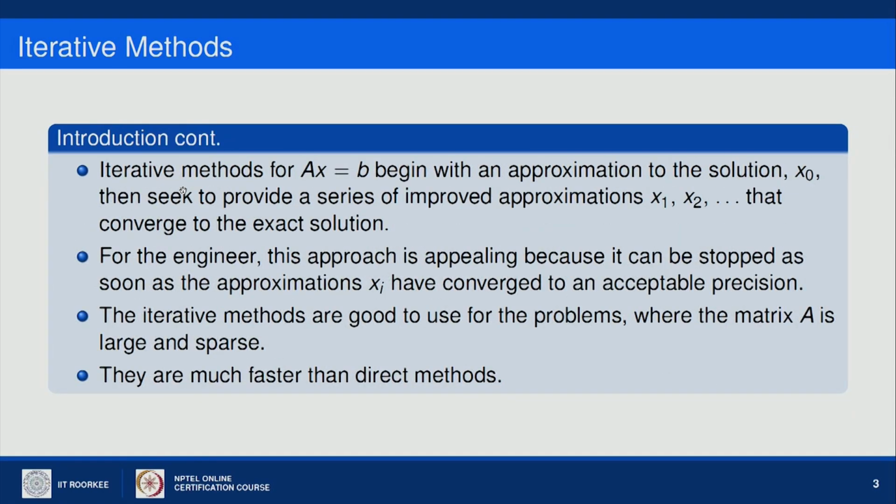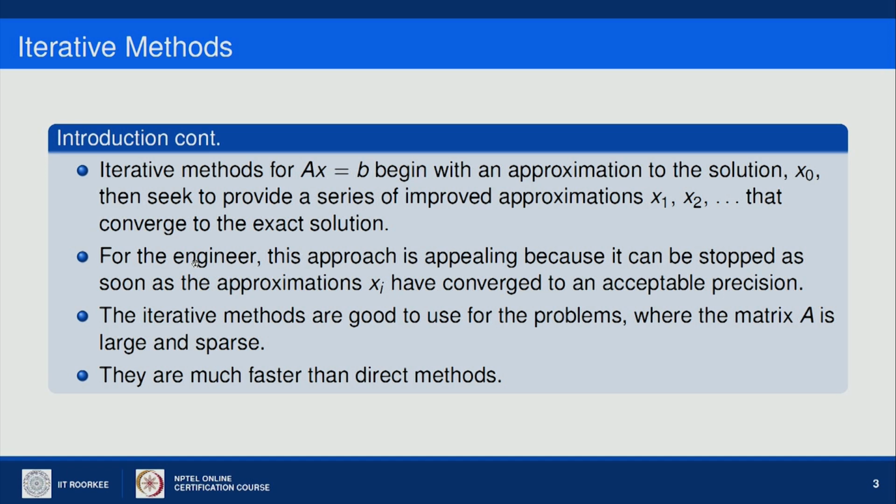So, basically iterative methods for Ax equals b begin with an approximation to the solution, x naught, that we use to call the initial solution. Then we seek to provide a series of improved approximations x1, x2, etc. that converge to the exact solution.